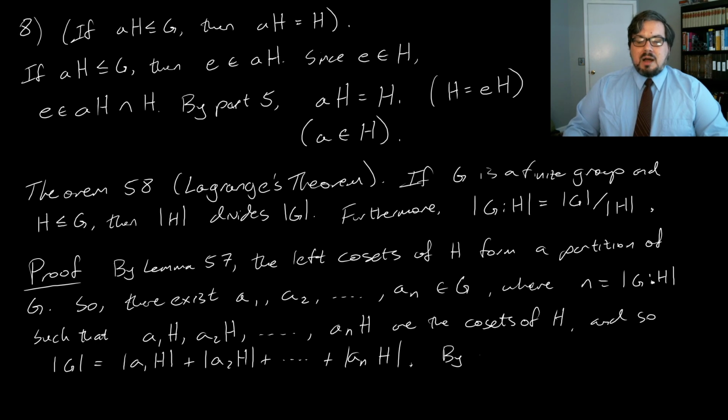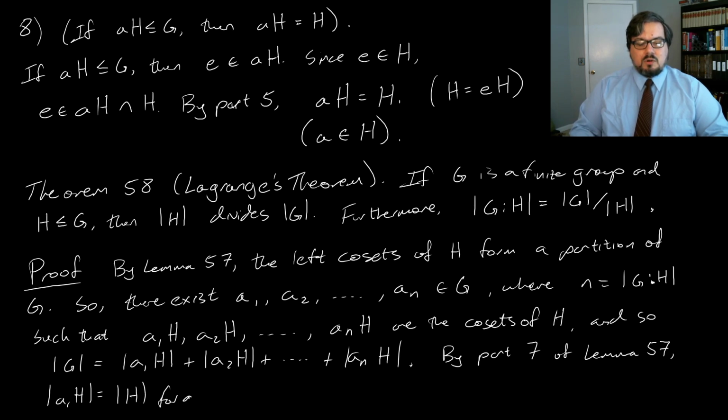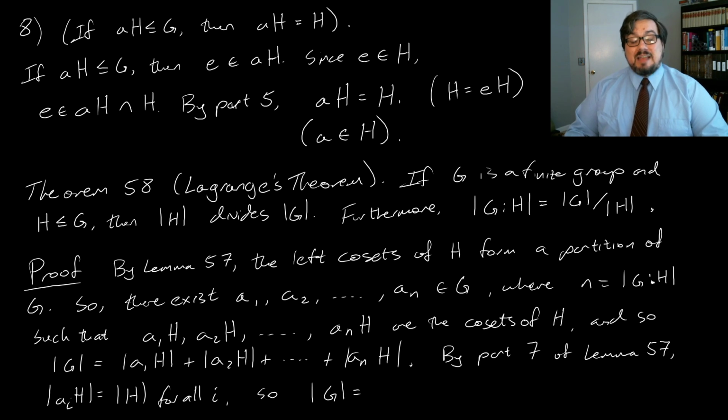But by part 7 of Lemma 57, the order of AiH is equal to the order of H for all i. So in fact, each one of these cosets has the same cardinality.